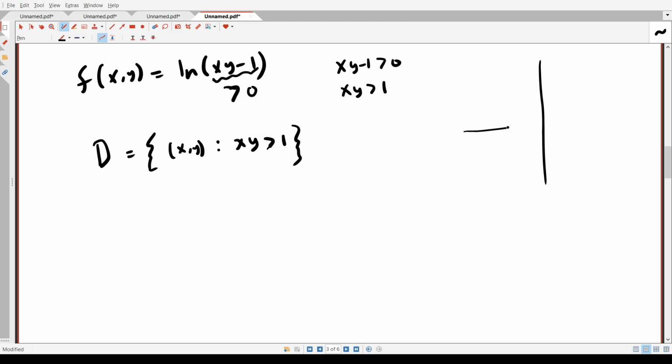And the range, well, this is just natural log. What does natural log look like? It looks like this. Is it possible to get all of these values out of this function for this domain? The minimum value, I could have xy getting really close to 1. So when xy is 1, this thing is very close to 0, so I'm going off to minus infinity.